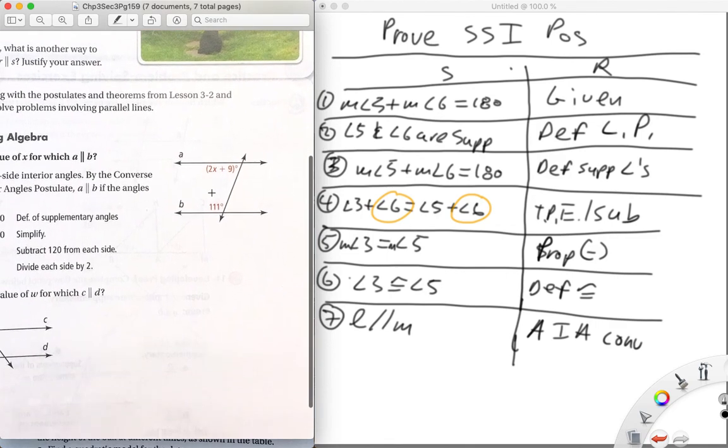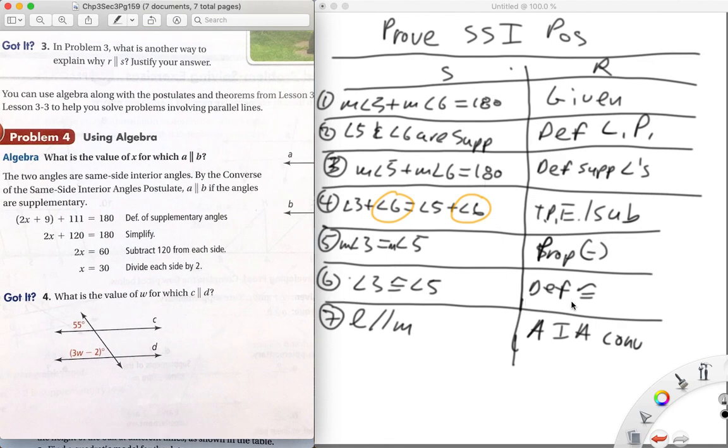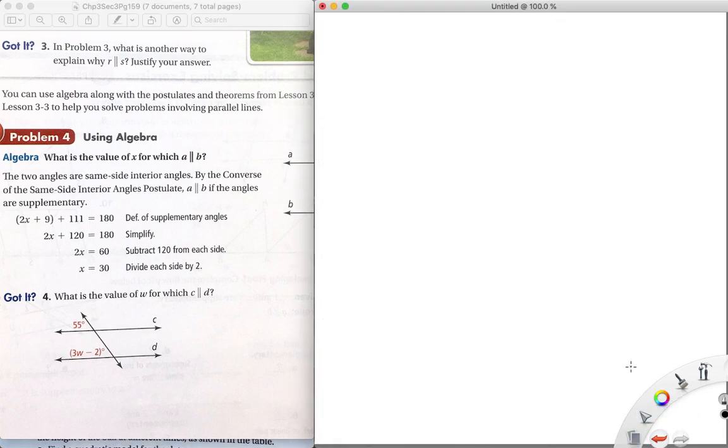Here is some algebra. If we want these guys to be parallel, these corresponding angles have to be equal to each other. So we would say 55 is equal to 3W minus 2.